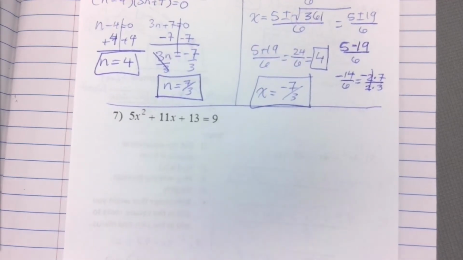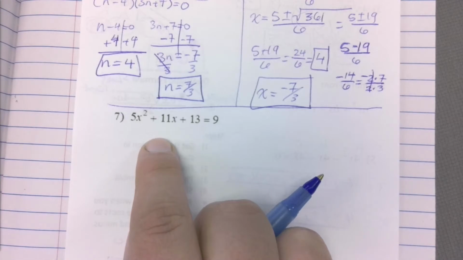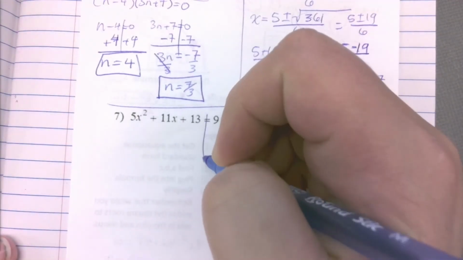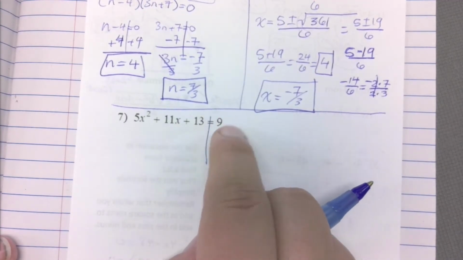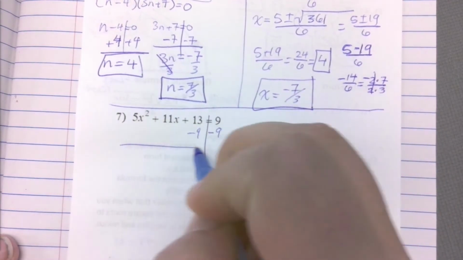Number 7. Is this in standard form? Is this in standard form, y'all? No. What do we need on the right side? That needs to be what? It does, because we need this to be a 0. So I'm going to subtract 9 from both sides.